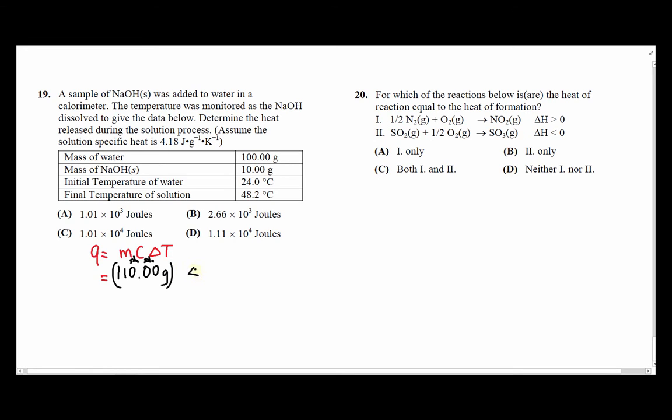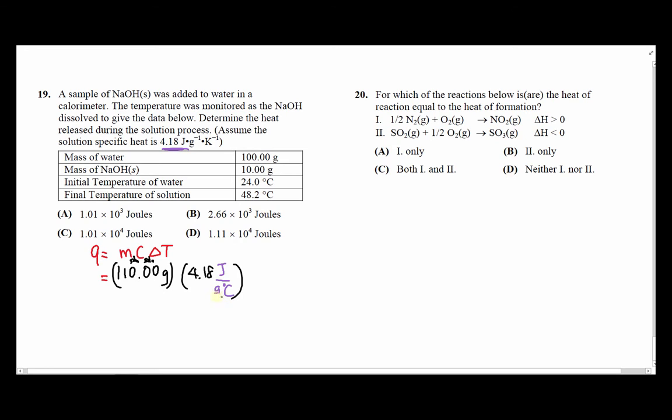So we have 4.184. Actually they gave you only 4.18 here. So I have joule per gram per Kelvin. Now the Kelvin has the same unit size as that of Celsius, so I can write degree Celsius instead, and then I have the change in temperature.